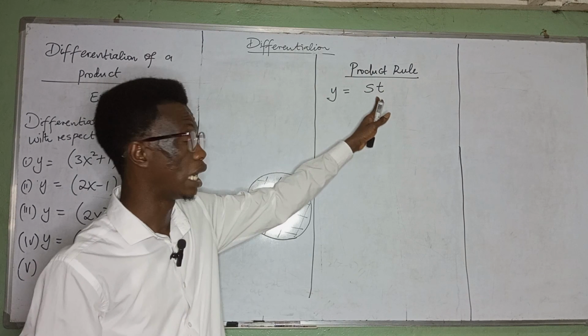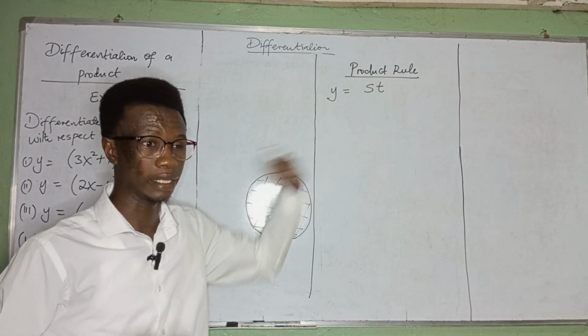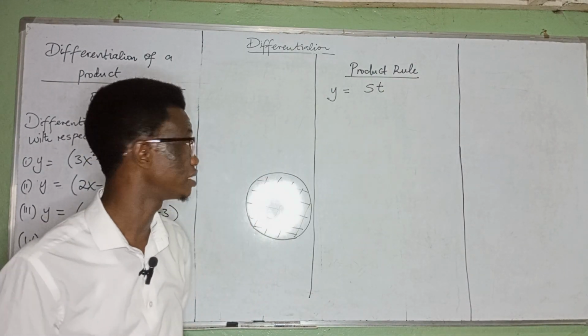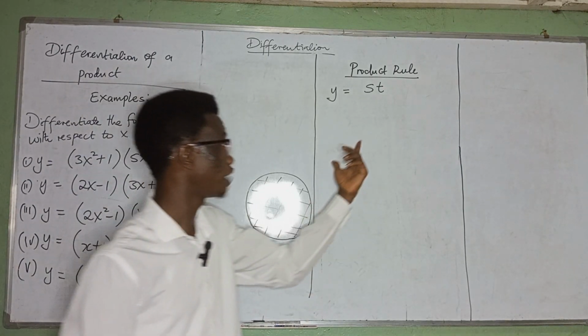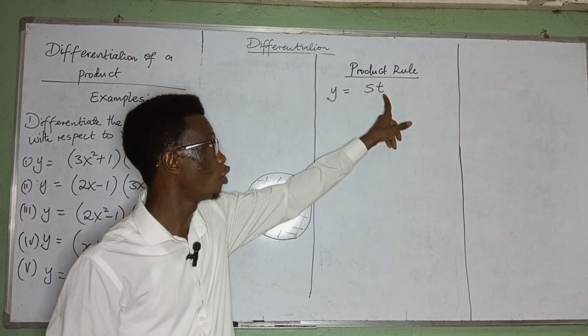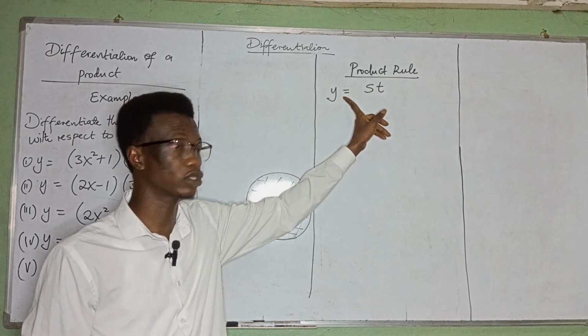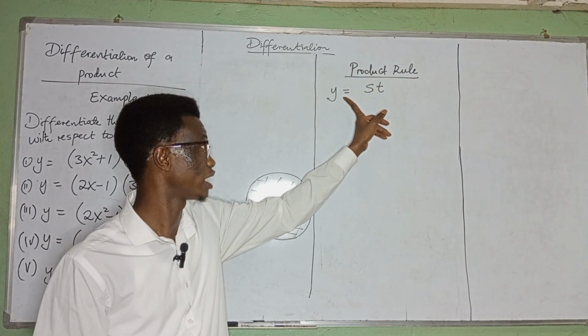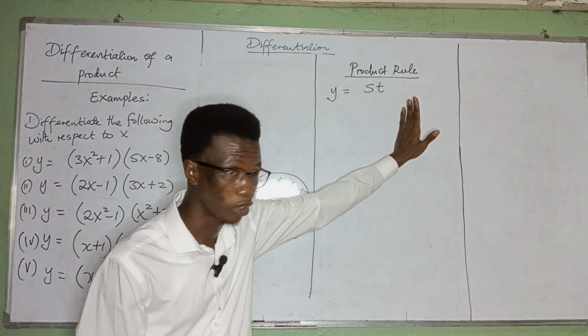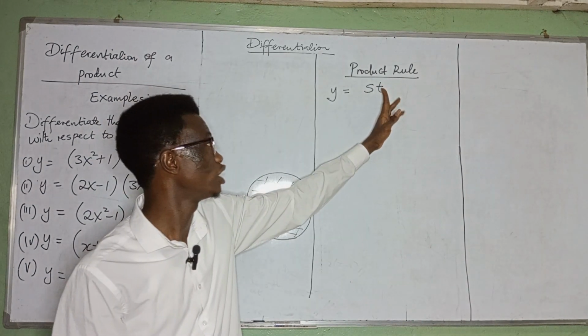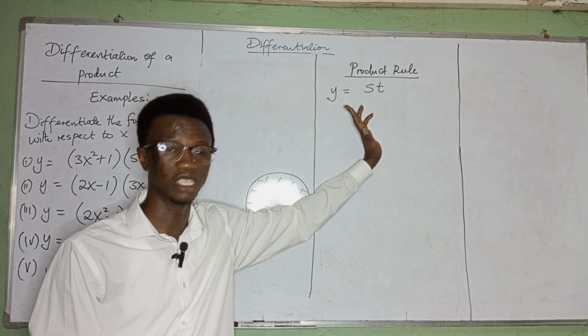In terms of the product rule, the basic idea is that you hold one of the variables and differentiate the other one with respect to the variable on the left-hand side. Then you add plus, and again you hold the other variable and differentiate the other one.